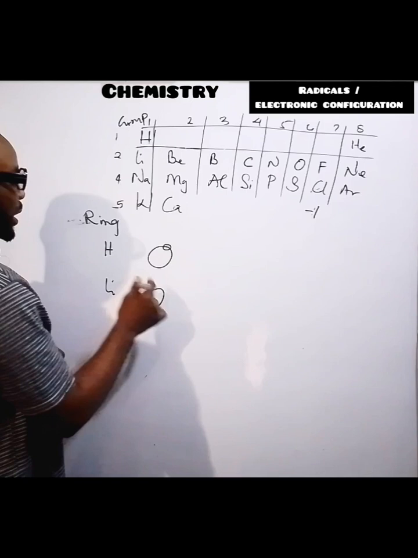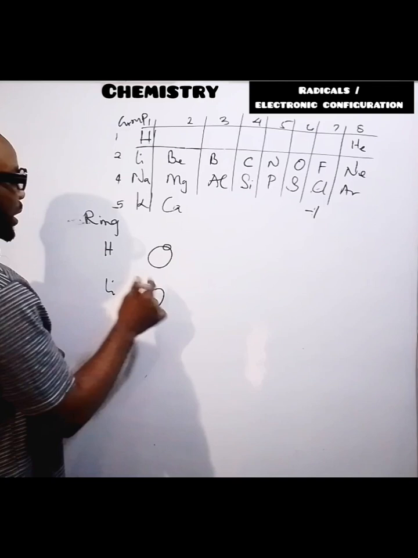Now, the design of the energy level is in this order. You have 1s, following the trend of SPDF: 1s, 2s, 2p. When you want to draw this, make sure that they are in order and in a straight line. 3s, 3p, 3d.